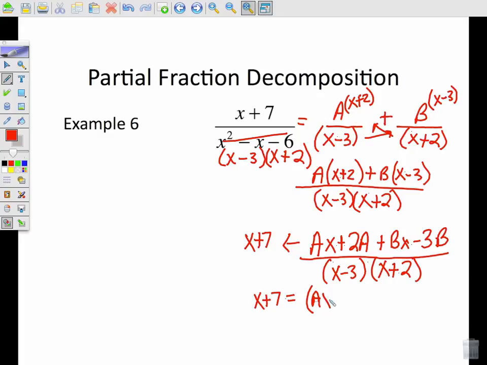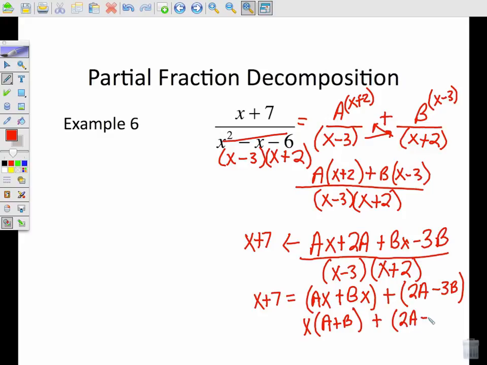I'm going to group all of my x's together, ax plus bx, and I'm going to group my constants together, 2a minus 3b. Okay, so here's what I know. I can take an x out, so this is x times a plus b, and then this is just my constant, 2a minus 3b.